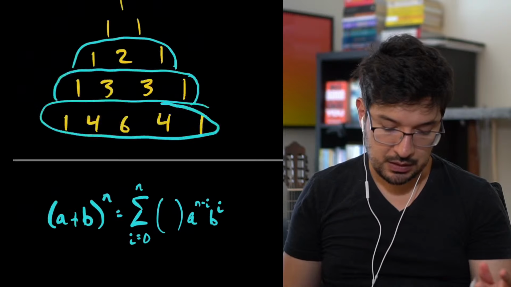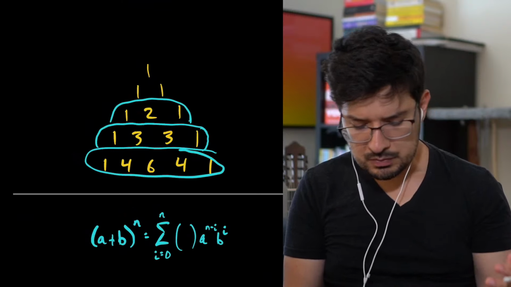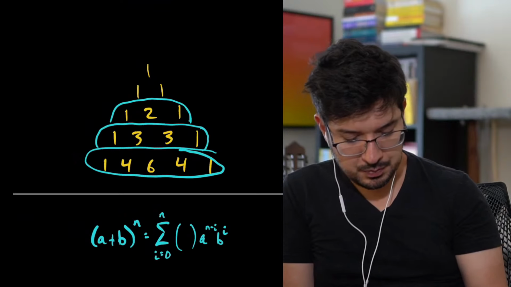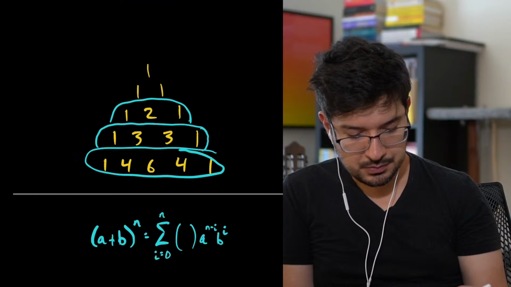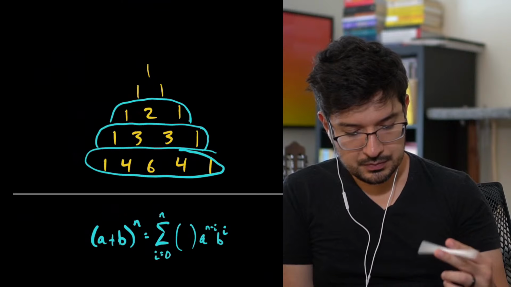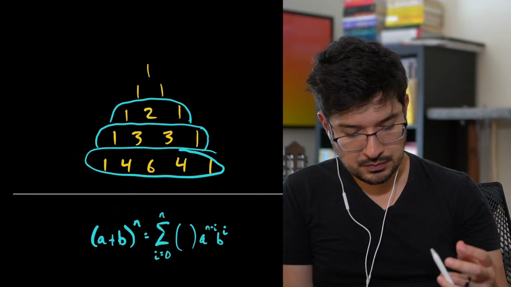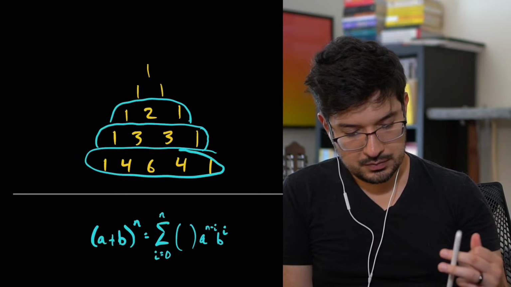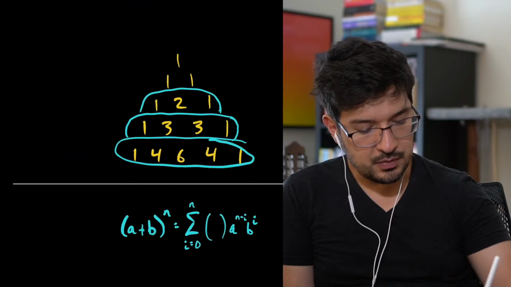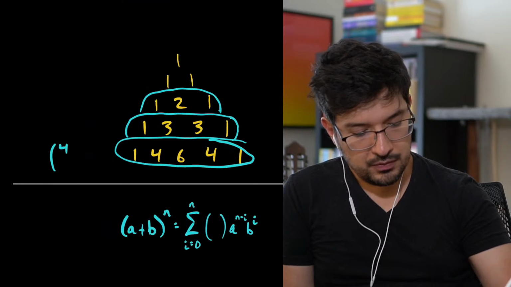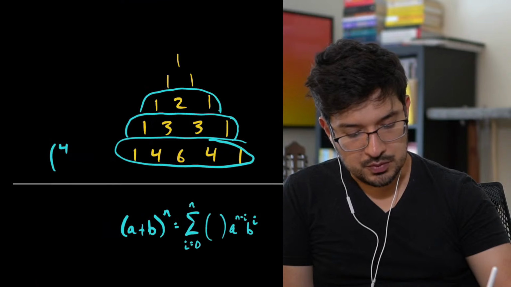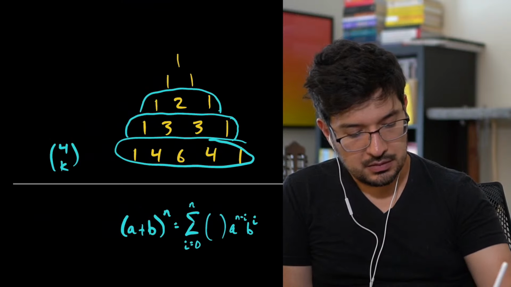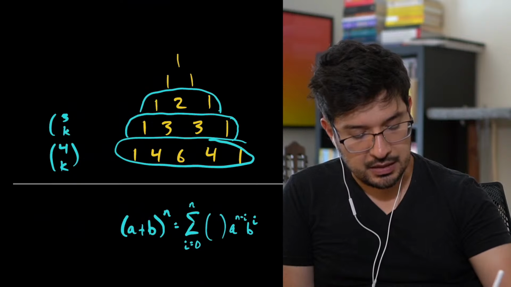It's going to be this row is 4 choose k. This row is 3 choose k.